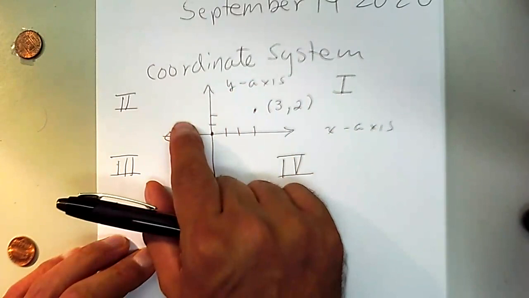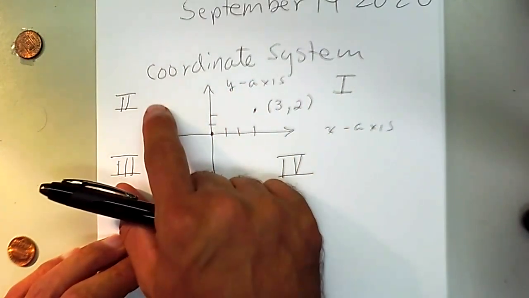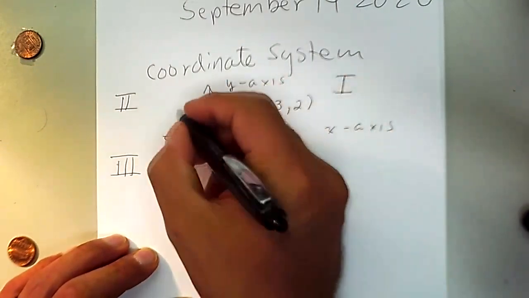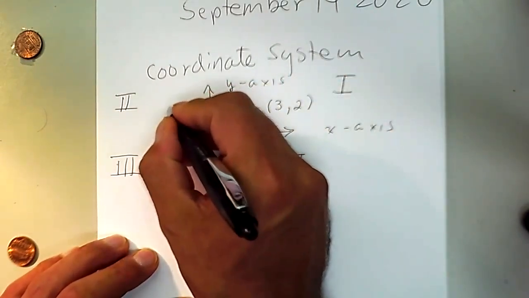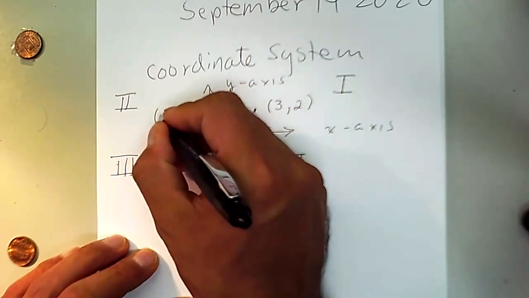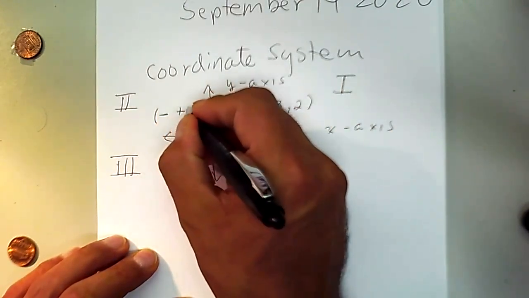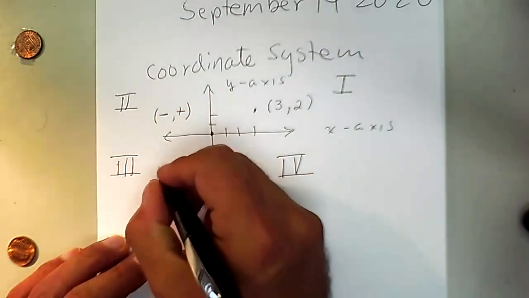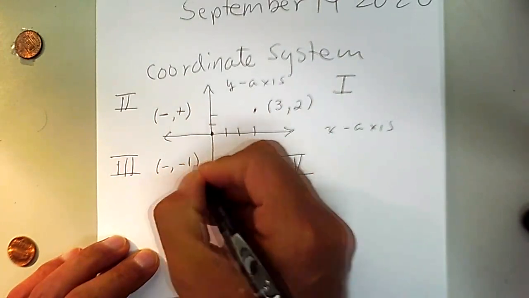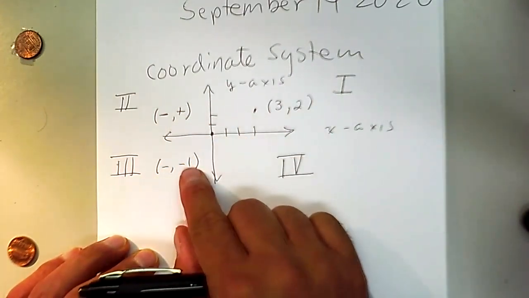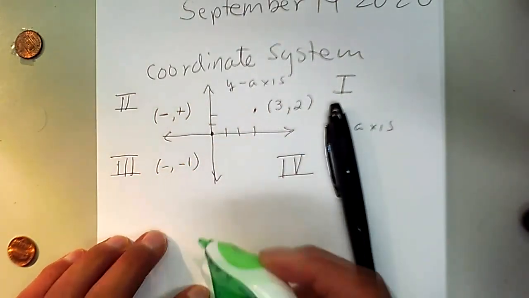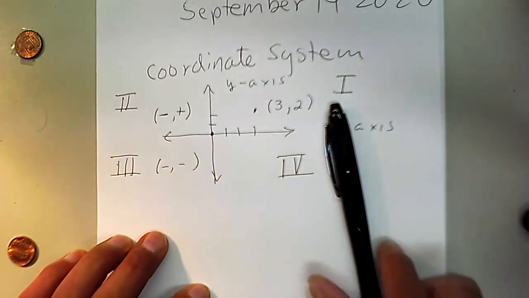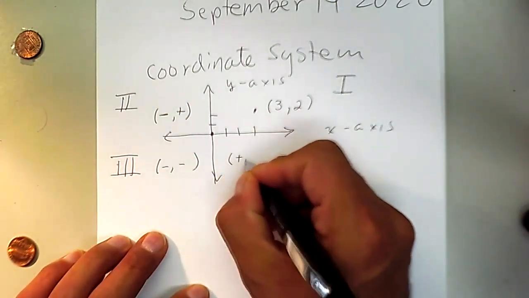The points on the left in quadrant 2 have coordinates where the first entry, the first number, is negative and the second number is positive. So we have negative, positive. Here we have negative, negative numbers. Not necessarily -1, I just meant to put a negative as a symbol indicating that we have negative, negative. And then over here we have positive, negative.